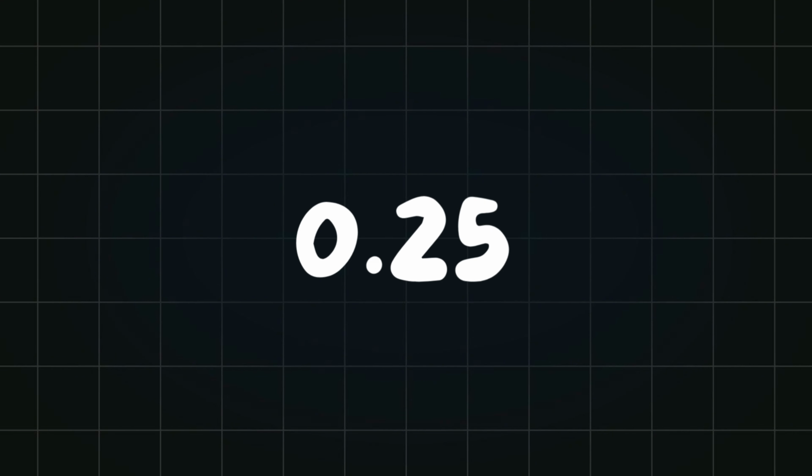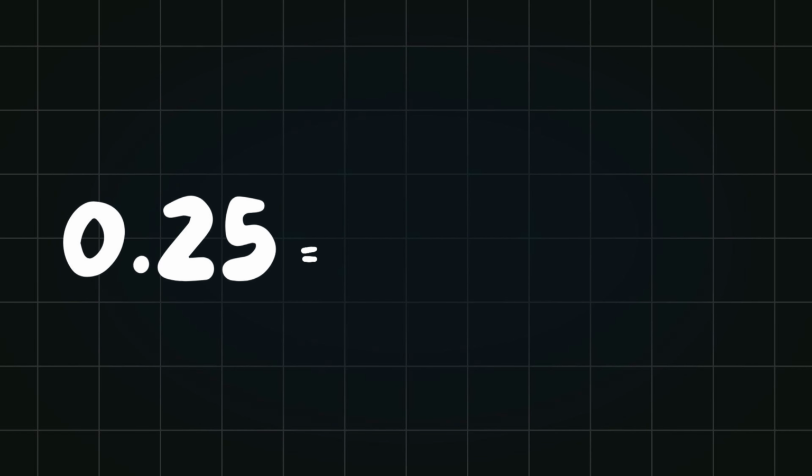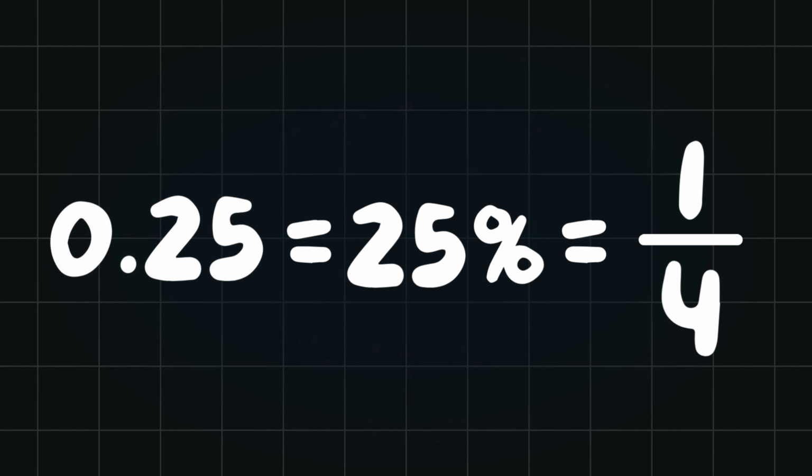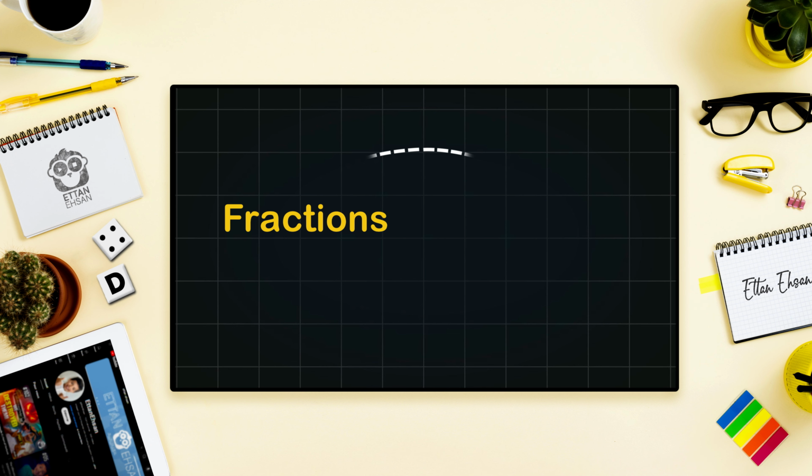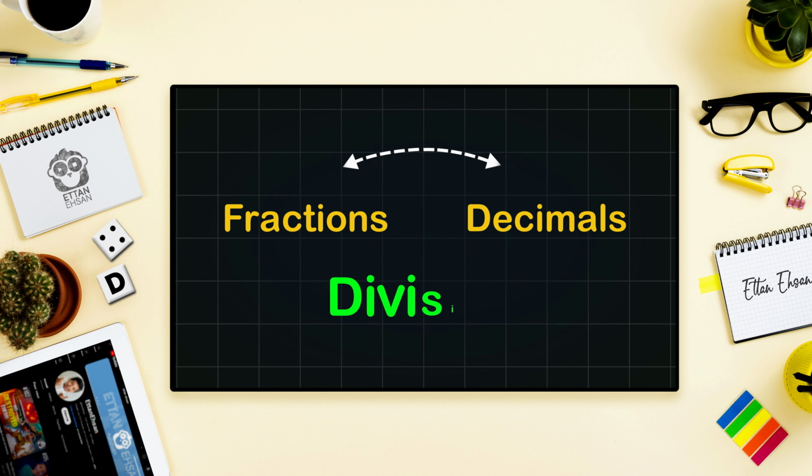One thing I wanted to say before we get into some other examples is that 0.25 is also equal to 25%, which is also equal to 1/4. So, as you know, when we convert fractions to decimals, by actually performing the division in the fraction, we get a number.